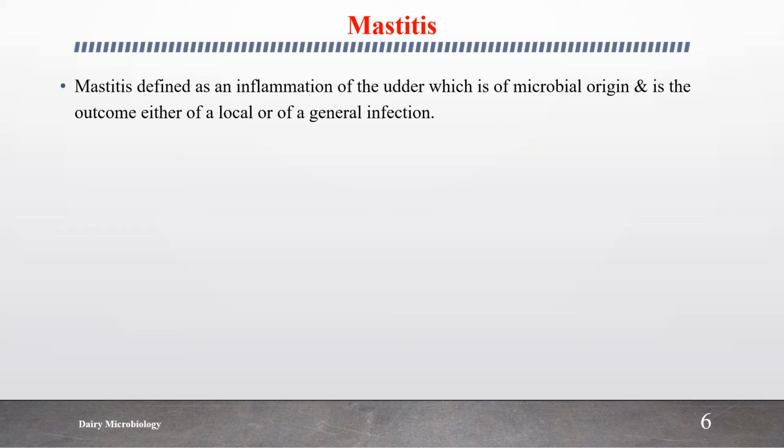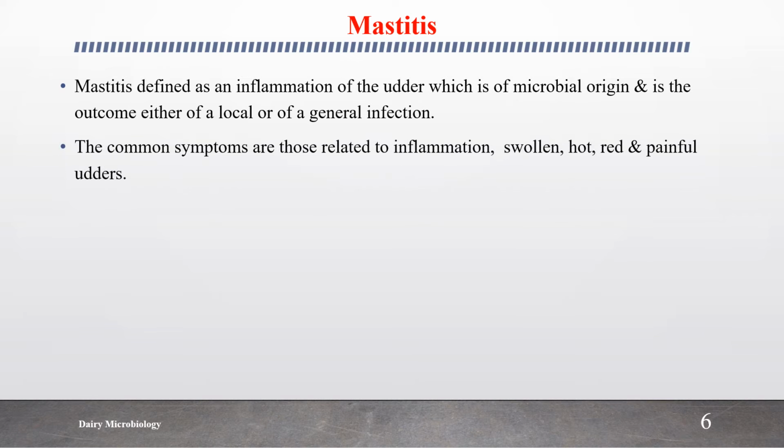Mastitis is defined as an inflammation of the udder which is of microbial origin and is the outcome either of a local or of a general infection. The common symptoms of mastitis include inflammation of the udder, swollen, hot, red and painful udders.